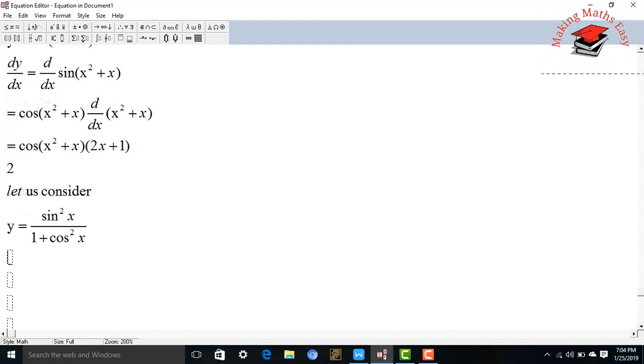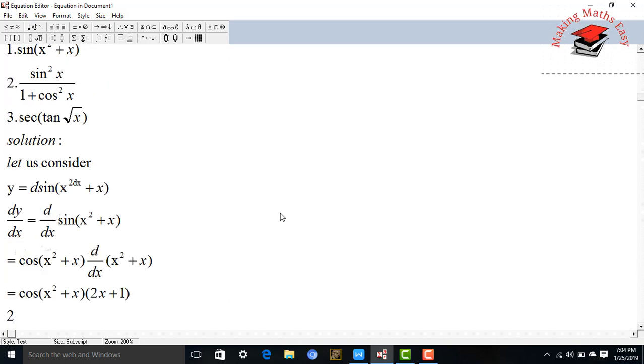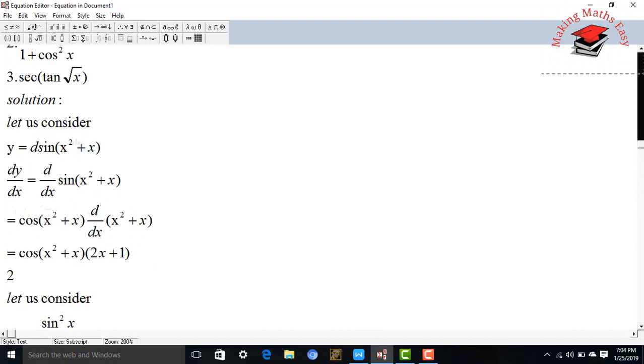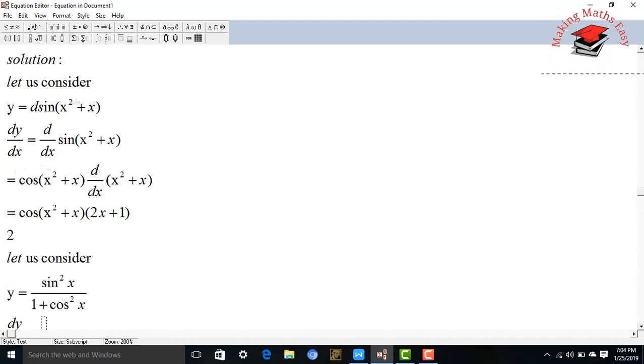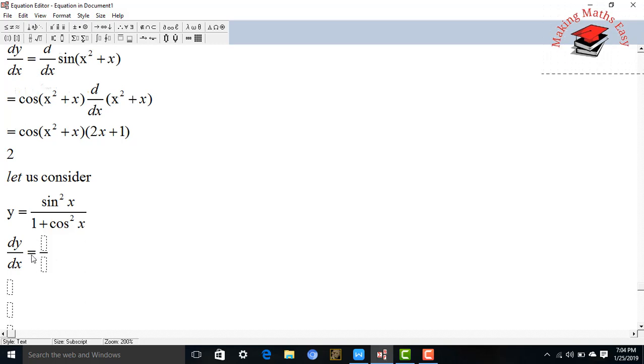So my dy by dx, the derivative of the function, will be equal to d upon dx of this particular function. So we will differentiate right now.